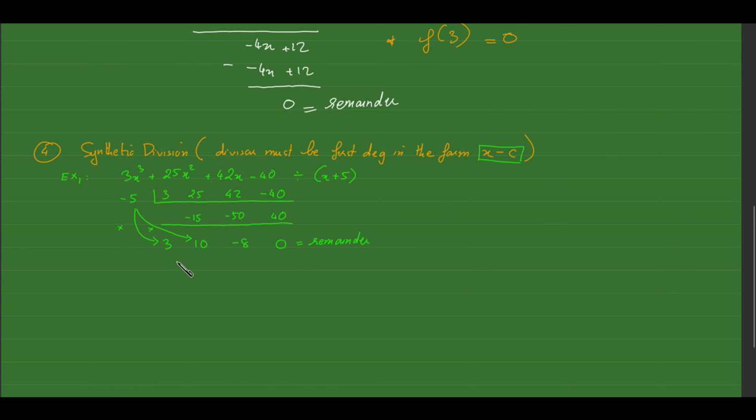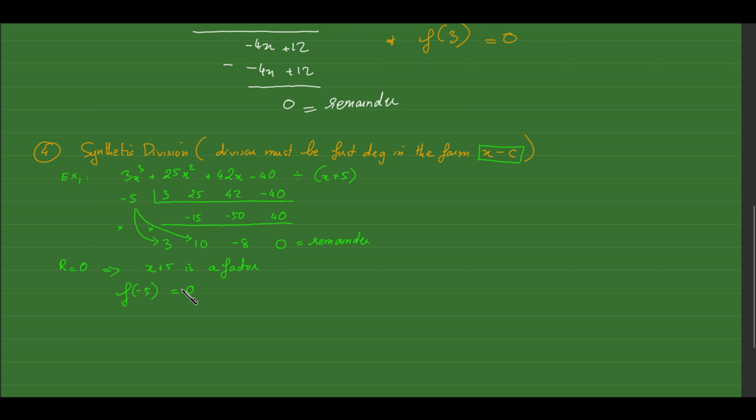It means that the remainder equals 0. It means that x plus 5 is a factor. So according to the remainder theorem, it also means that f of negative 5 equals 0.